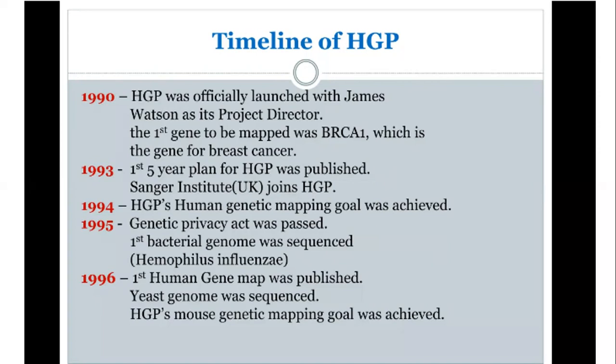In 1994, the mapping of the Human Genome Project was achieved, and in 1995, the Genetic Privacy Act was passed, and the first bacterial genome was sequenced, and that bacterium was Haemophilus influenzae.